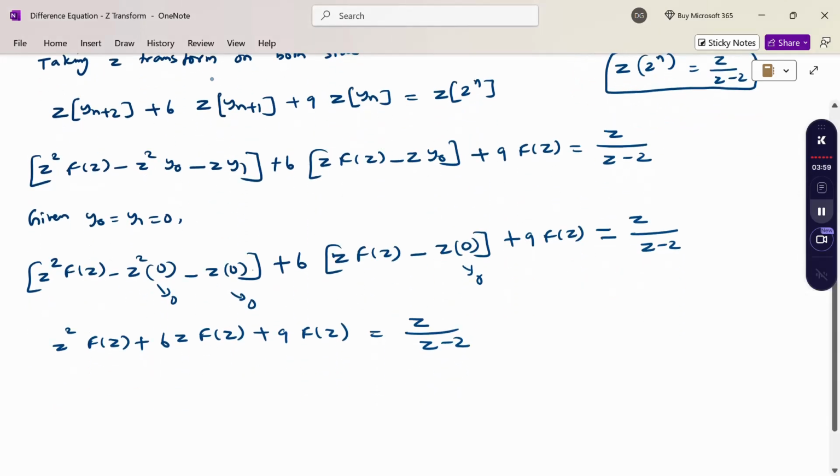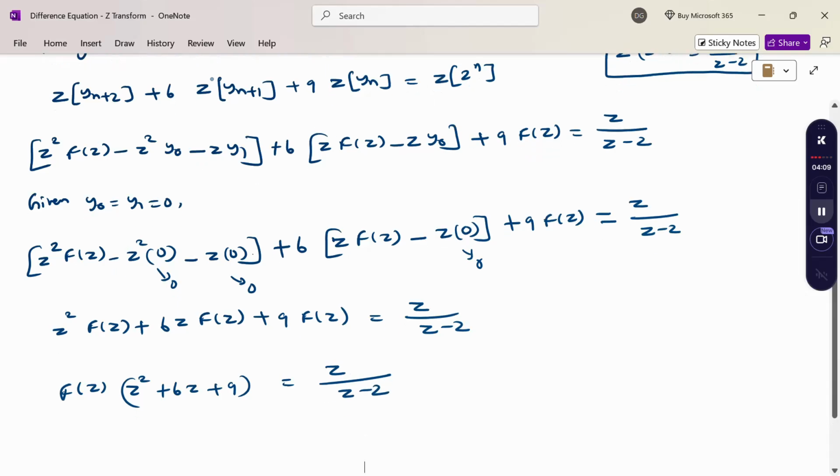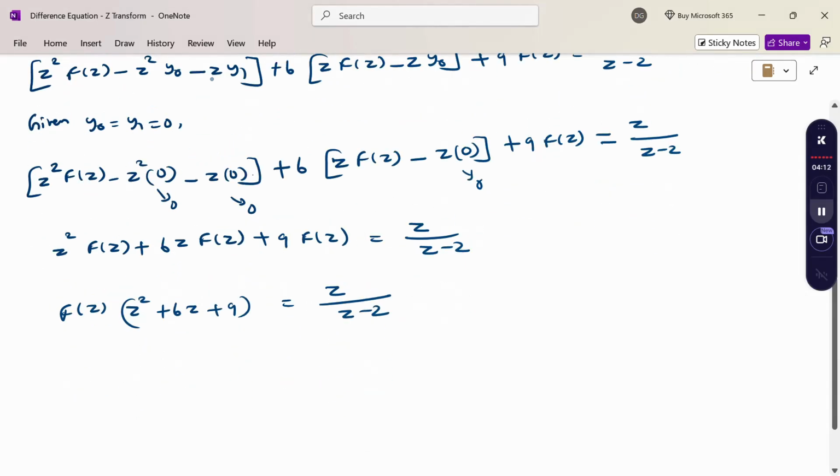Now take F(z) common: F(z) times (z squared plus 6z plus 9) equals z by z minus 2. Now this term can be factored, z squared plus 6z plus 9 is (z plus 3) whole square, equals z by z minus 2.